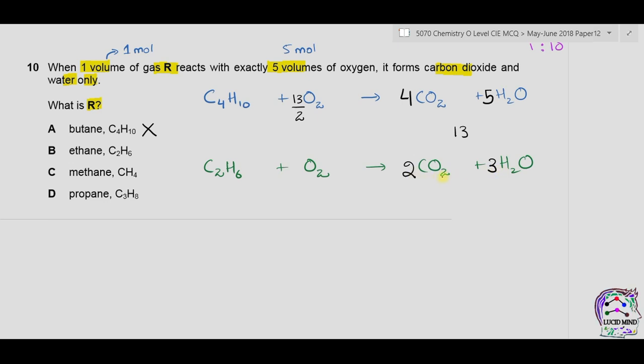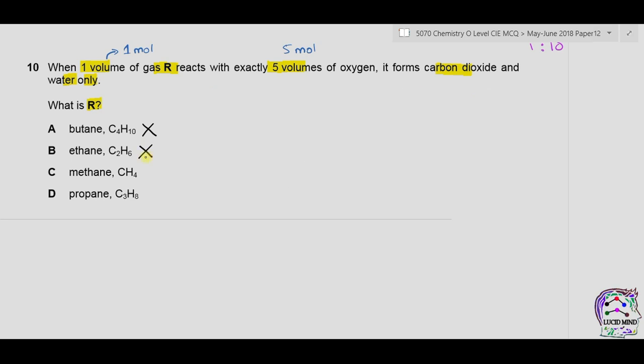Now we have 4 oxygen atoms in CO2 and 3 oxygen atoms in H2O. So in total we have 7 oxygen atoms on the product side. So we can write 7 by 2. As 7 by 2 is less than 5 moles, therefore 1 mole of ethane requires less than 5 moles of oxygen, so B is also wrong.